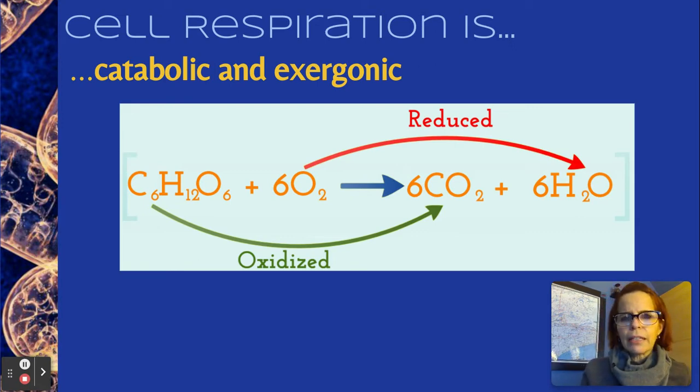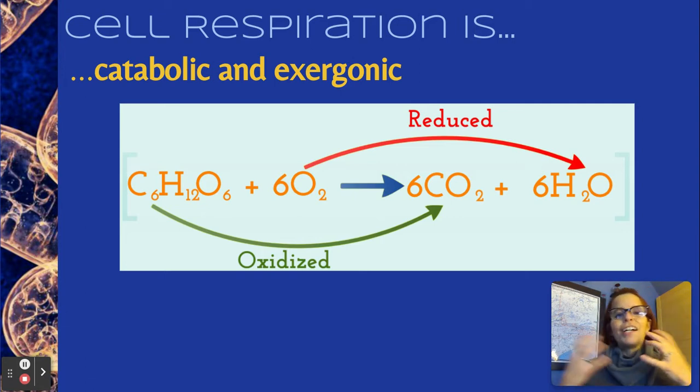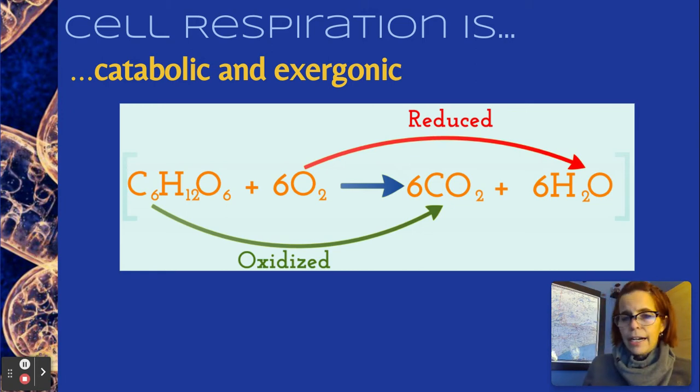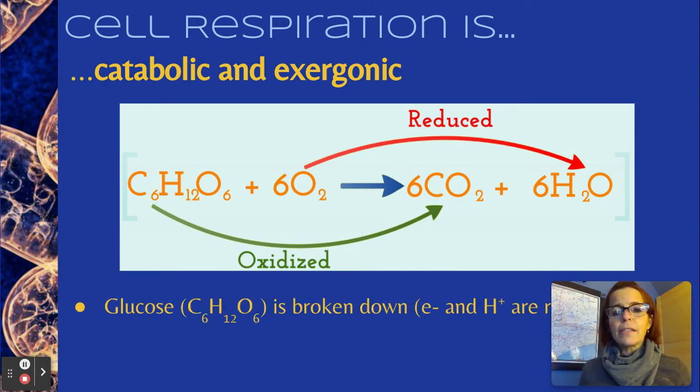So in this case, the molecule that's being broken down is glucose, and you can see on the opposite side that the glucose has been broken down from 6 carbon molecules all put together into 6 carbon dioxide molecules. So the energy is being released, and then the cell is going to take the energy that's being released from those bonds that are in the glucose molecule.